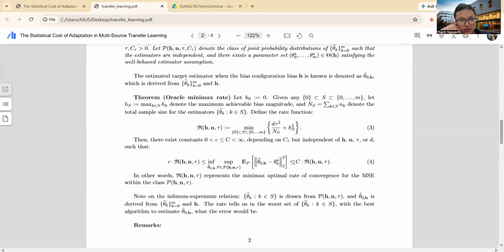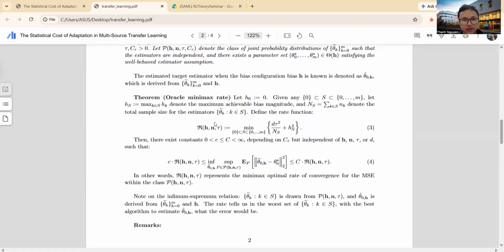Every time you use data from other sources, you reduce the variance, but you induce more bias. So the question is, how can you design an algorithm that can automatically adapt to that trade-off without knowing the optimal trade-off? That's the very concrete question we want to solve.